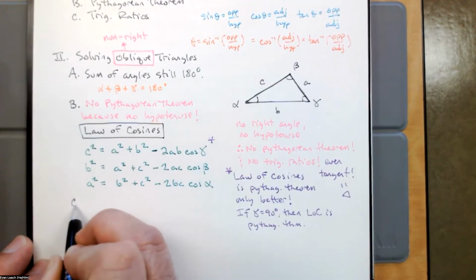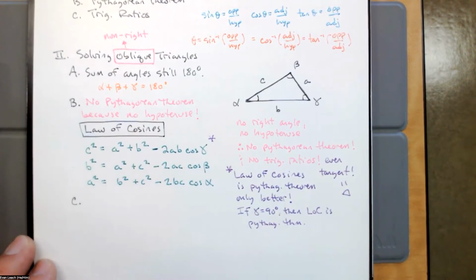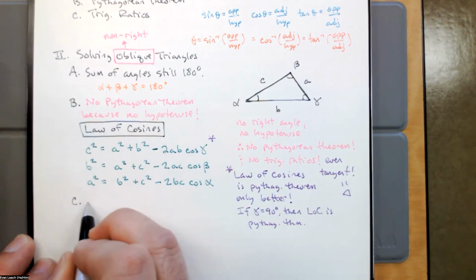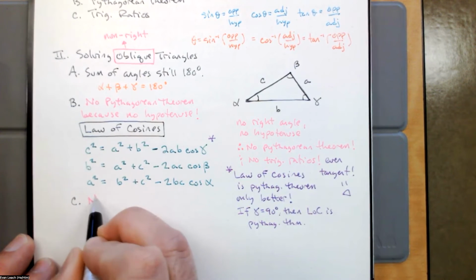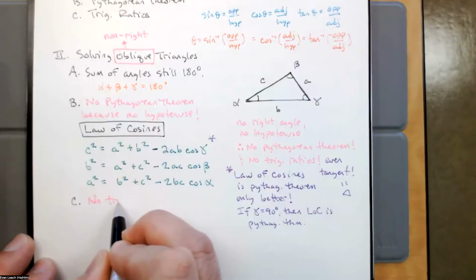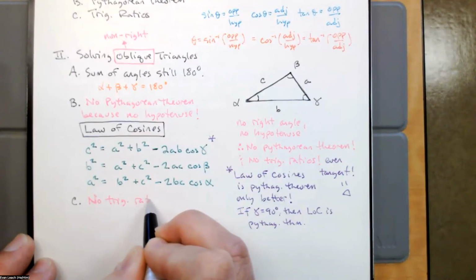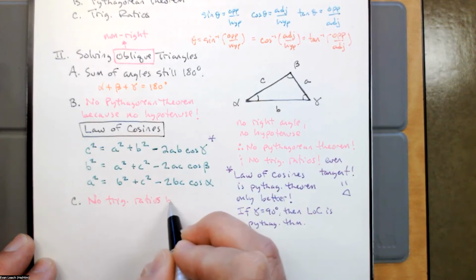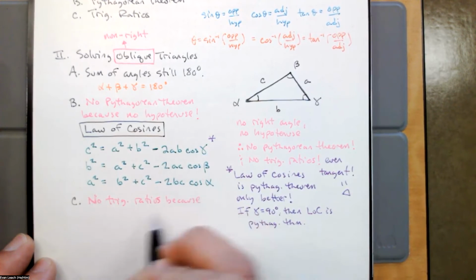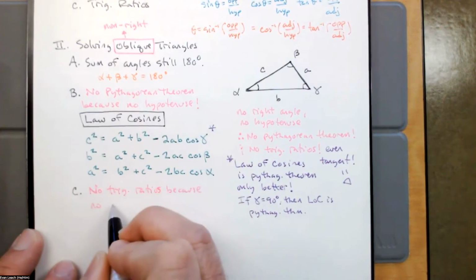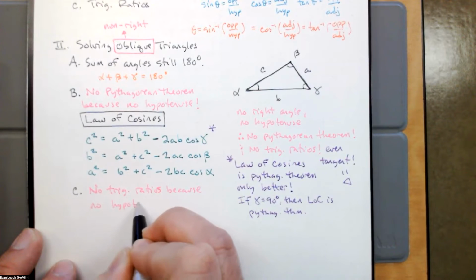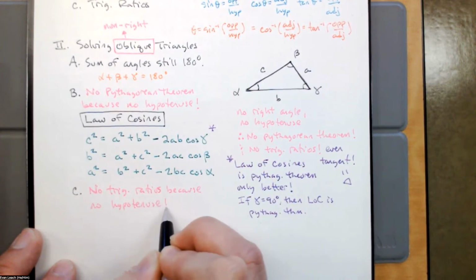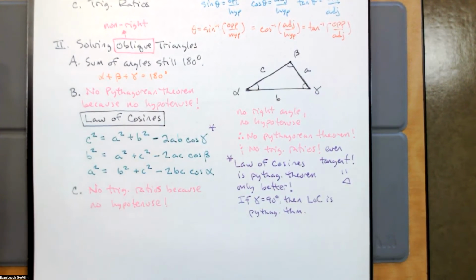So, part C. No hypotenuse. No trig ratios are allowed because there's no hypotenuse.